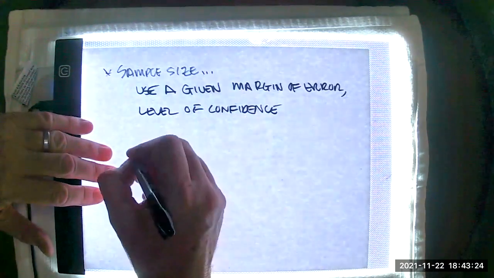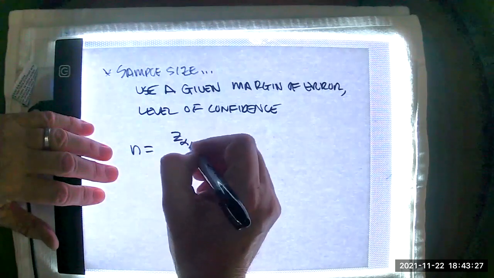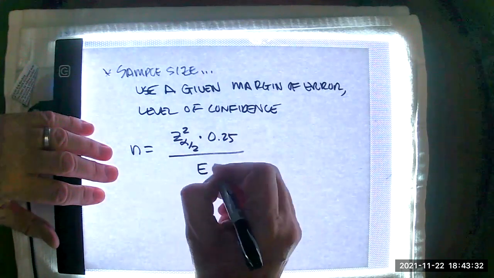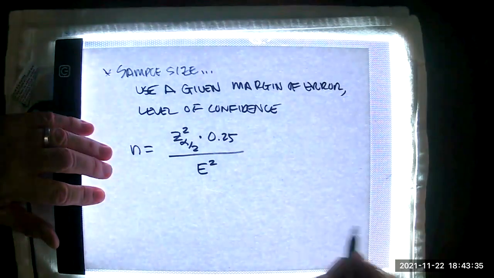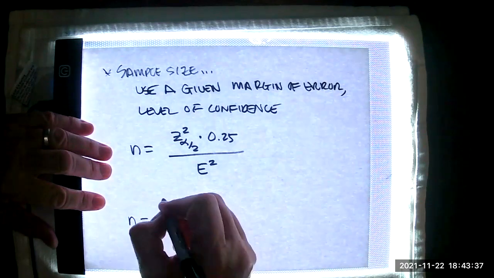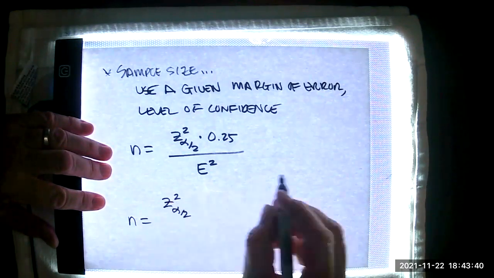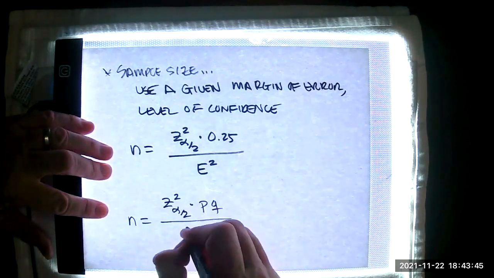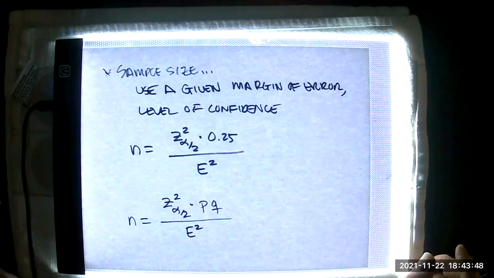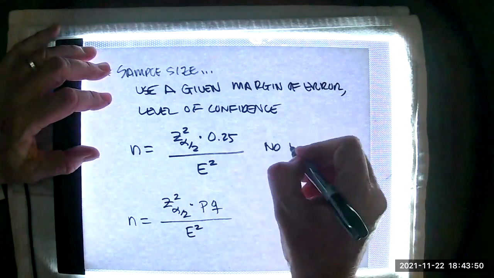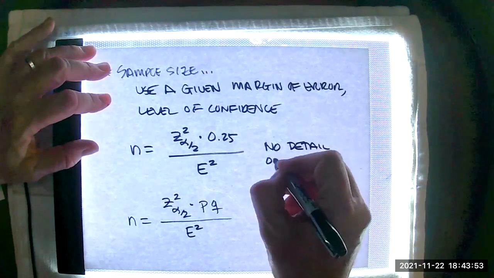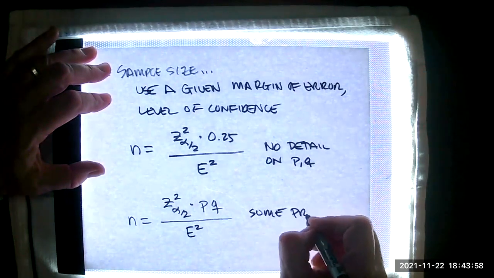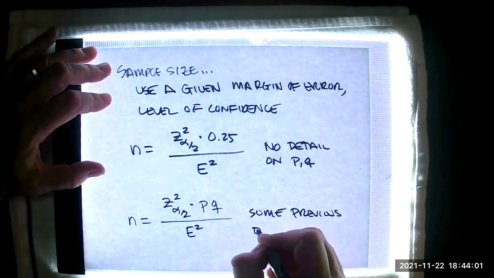There were 2 formulas: n equals z alpha over 2 squared times 0.25 divided by e squared, or n equals z alpha over 2 squared times p times q all over e squared. This one is for when we have no detail on p and q, and this one is where we have some previous detail.